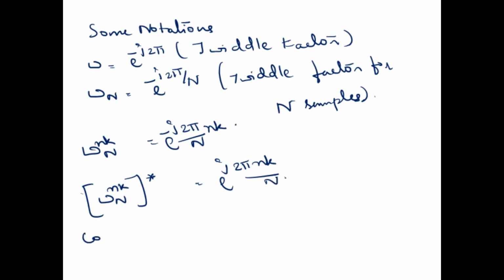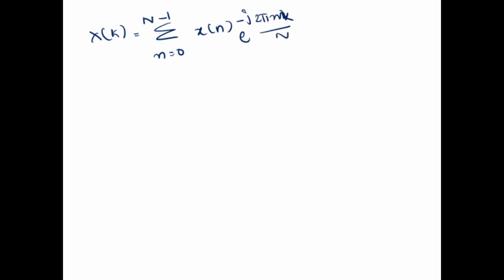Now consider the analysis equation what we have discussed just now. X of k is equal to summation n is equal to 0 to N minus 1 x of n into e power minus j 2 pi nk by N, where k varies between 0 to N minus 1.